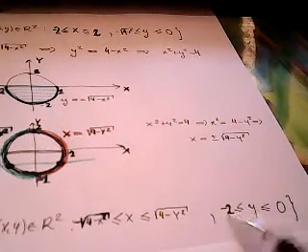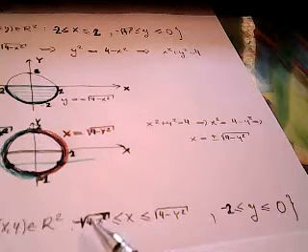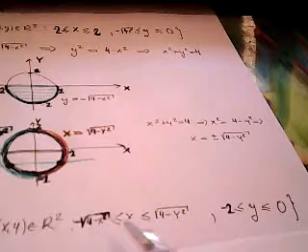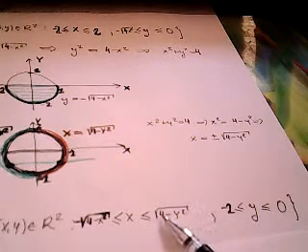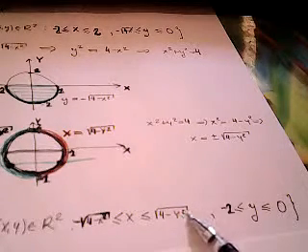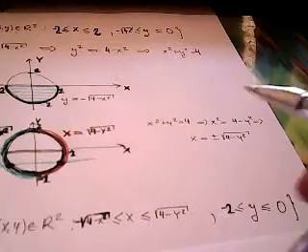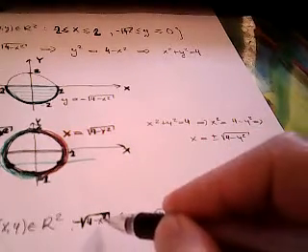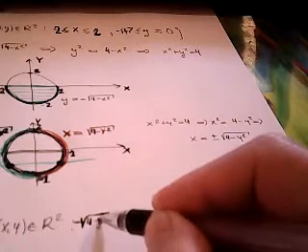Y is between minus 2 and 0, and x is between minus root square of 4 minus y squared and root square of 4 minus y squared.